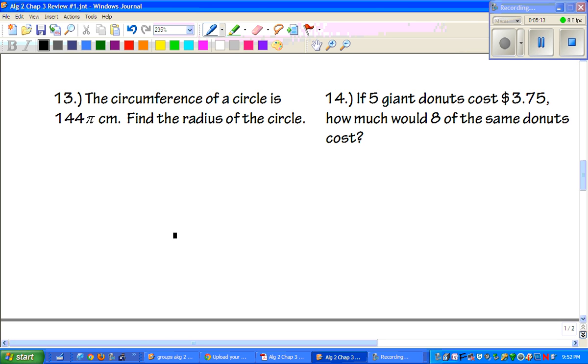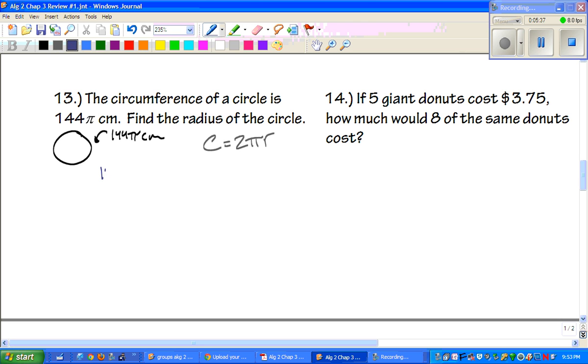Okay, the circumference of a circle, so we're talking about a circle, and the outside of that is 144 pi centimeters. You need to remember that the formula for circumference, twinkle, twinkle, little star, circumference equals 2 pi r. Okay?